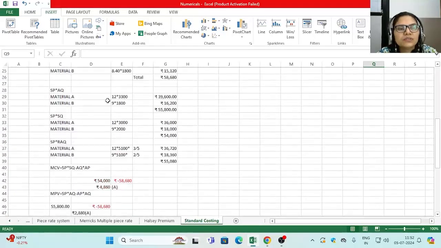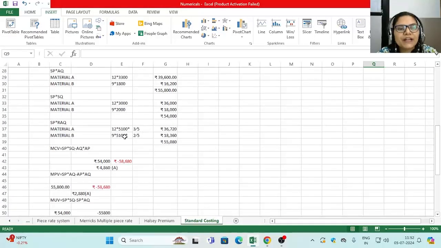So for material B, SP into actual mix into standard mix ratio 2 divided by 5. When we calculate these values and add them, we get 55,080.